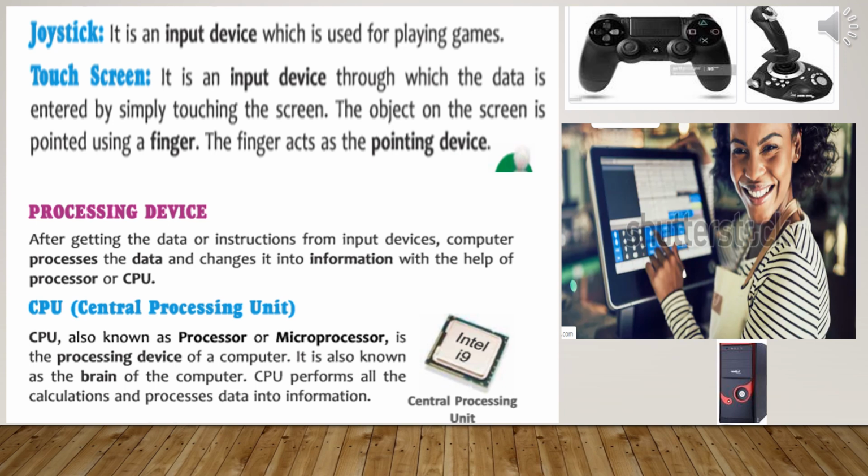So the device that is known as the brain of computer works on the instructions given by the user and gives us the result. This is called processing unit or CPU, central processing unit. This is again a hardware part of computer that we can touch.